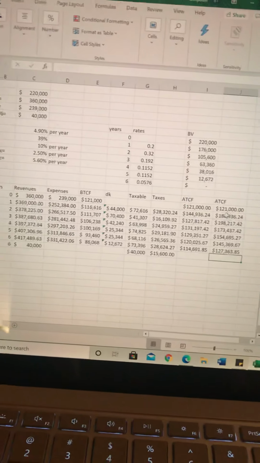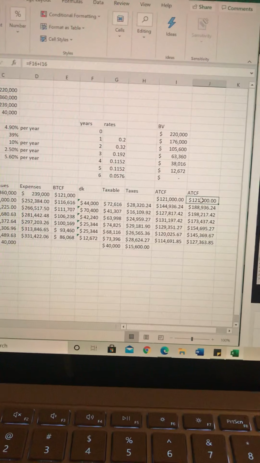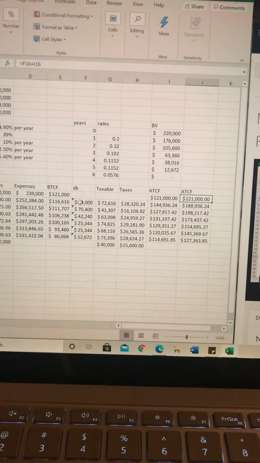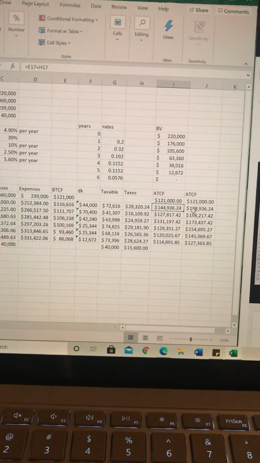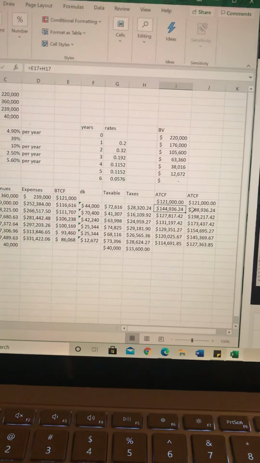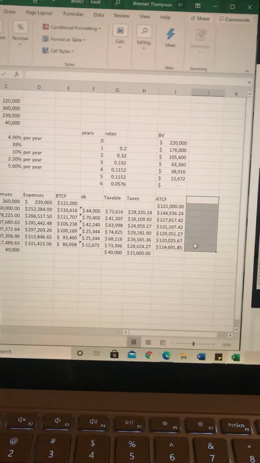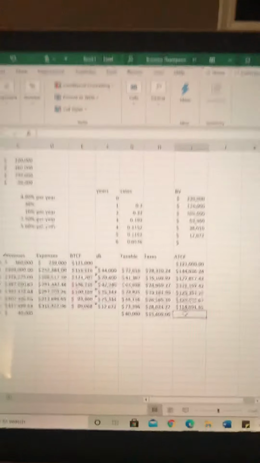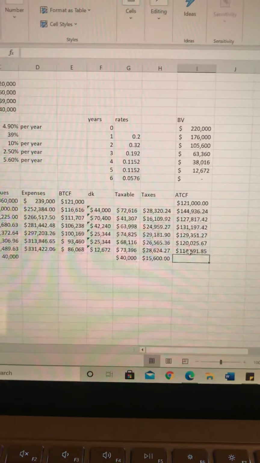There's a mistake. I'm going to delete these. So this value here is not correct.